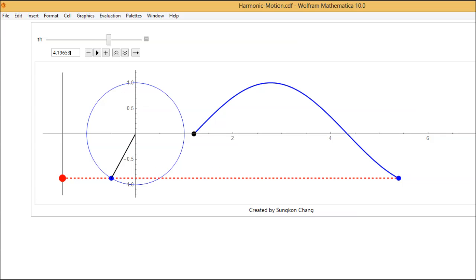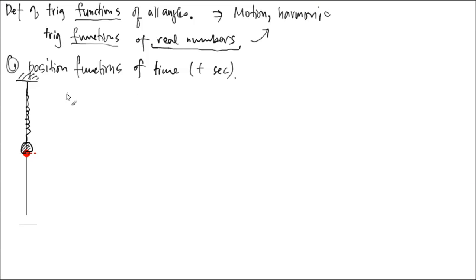So let me give you this idea of this function. Let's say h(t) is the height function of time t in seconds.